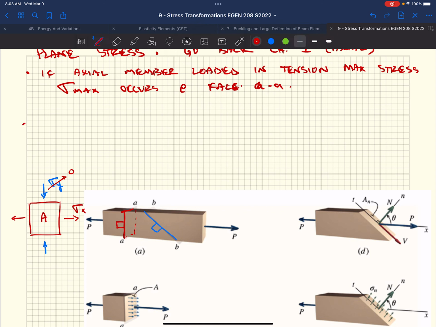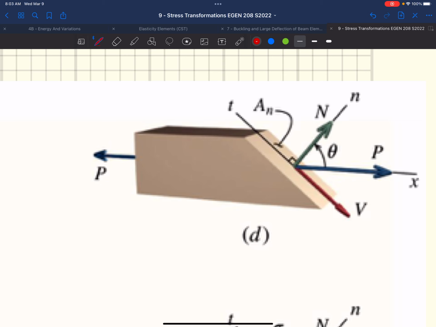Now, if we cut at an angle, right? If we remember back from our analysis when we looked at this in the axial chapter, if we cut at an angle, that cut then starts to experience a combination of forces in order to maintain this resultant P. This is the resultant of 2 components: one that is perpendicular to the face, that would be our normal force, and then one that's parallel to the face, that's going to be our shear force.